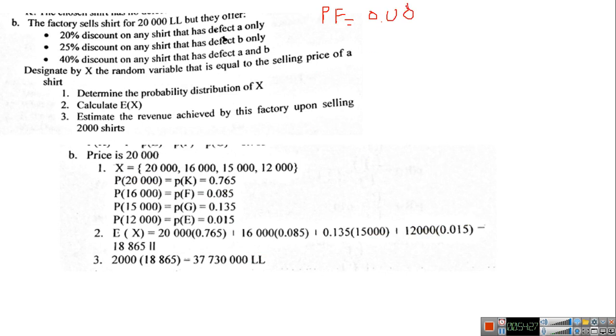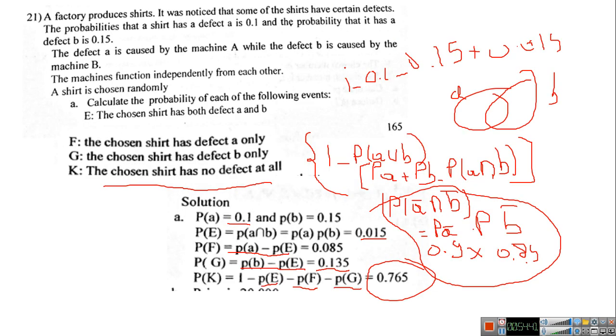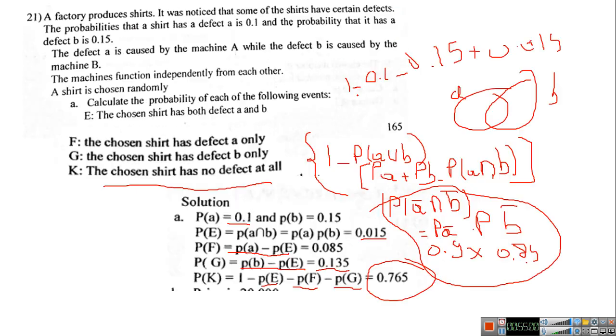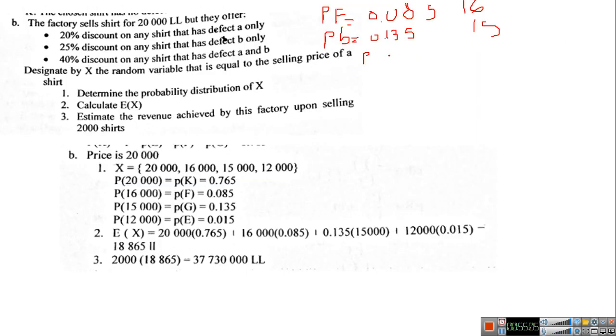So you have a 20% discount, so you pay 80%, so you pay 16,000. 25% if you have defect B only. P of B only was G, 0.135. So you pay here 75%, so 15,000, and 40% if it has both. It means both, E, which was 0.015.